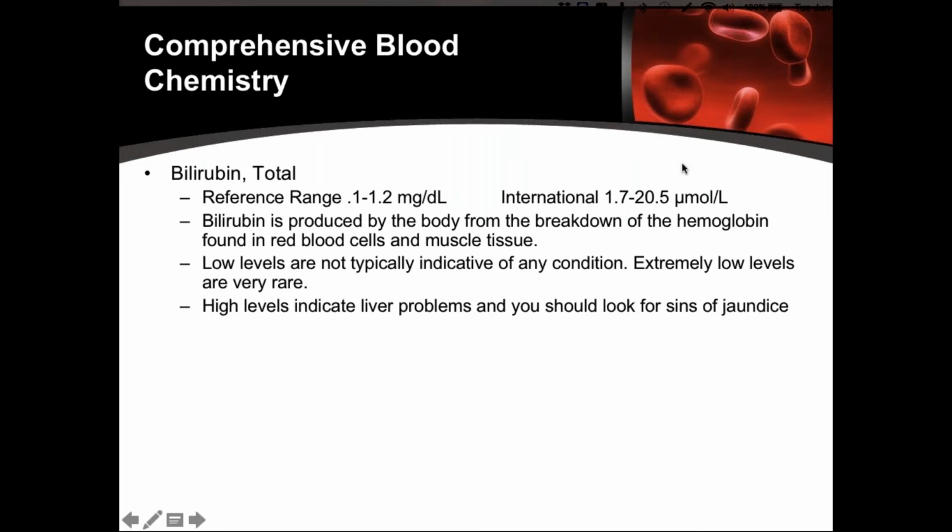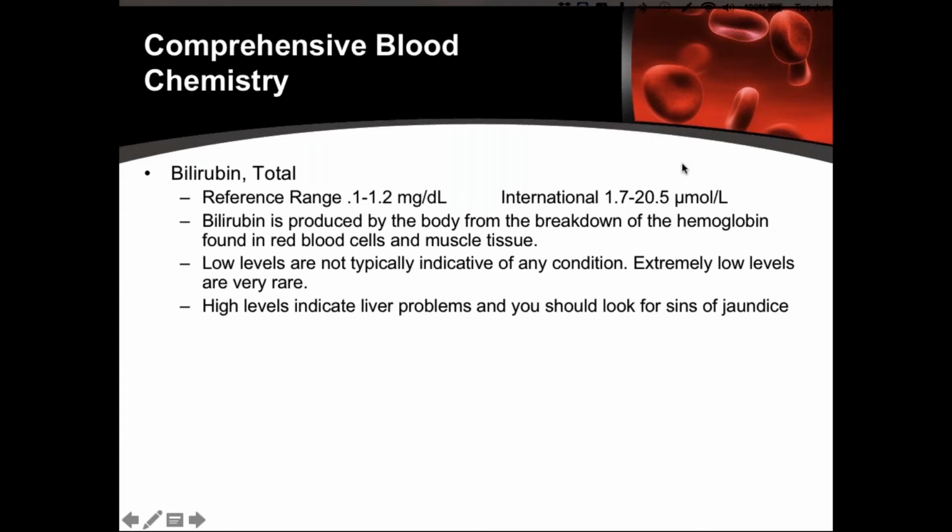Okay. You might also see on your lab reports the words direct bilirubin and indirect bilirubin. So remember that unconjugated bilirubin is indirect bilirubin. Conjugated bilirubin is direct bilirubin. The idea when we talk about conjugation is, remember that the job of the liver is to take substances which are fat soluble, drugs, bilirubin, and change it into something that is water soluble so that the body can excrete it out.